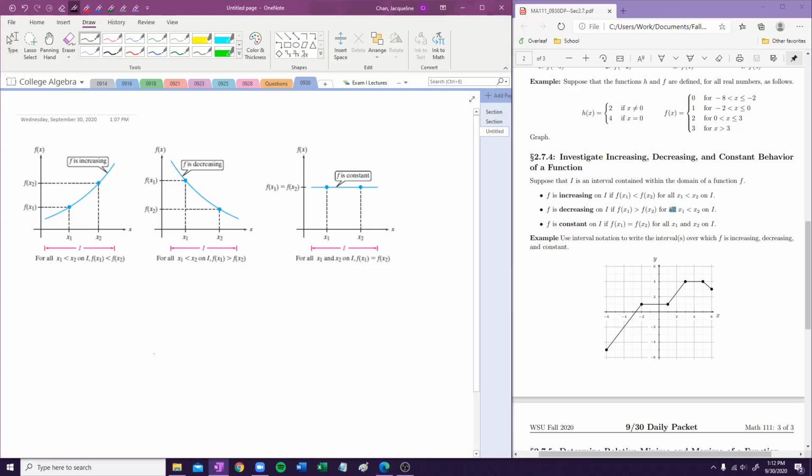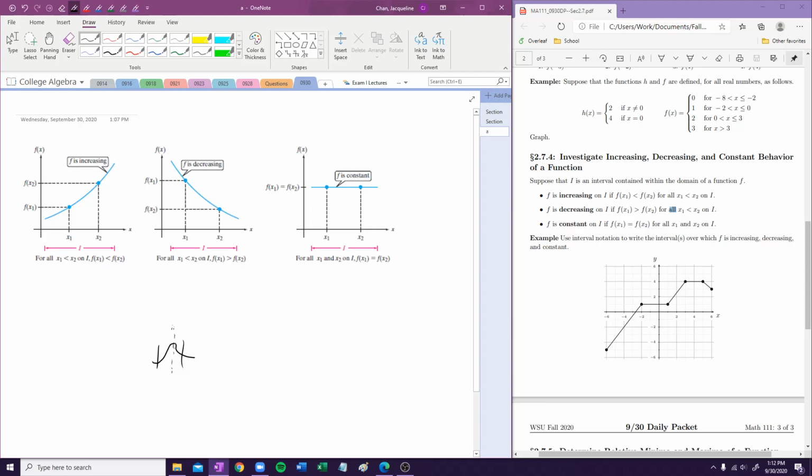So if I had something like this, you cannot just say that this is increasing. The reason why is because it stops increasing right here, so you have to make another little interval for that.